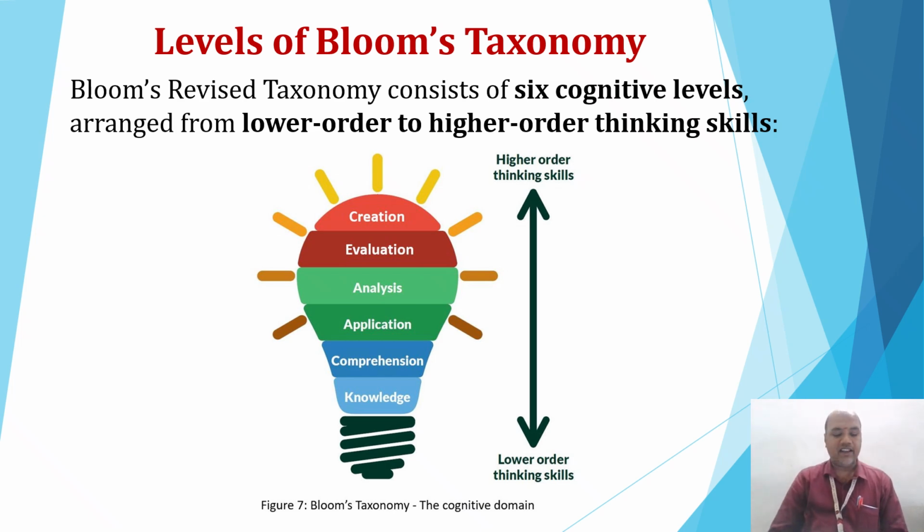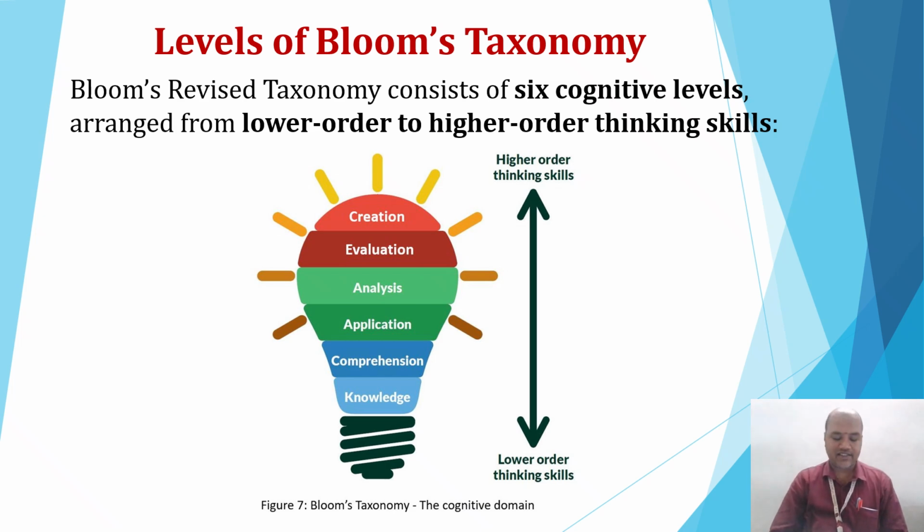The last level, level 6, is create or creation or innovation or creativity. The purpose of creation is to produce new ideas, models or solutions. The key action verbs are design, develop, formulate, construct, create and propose.